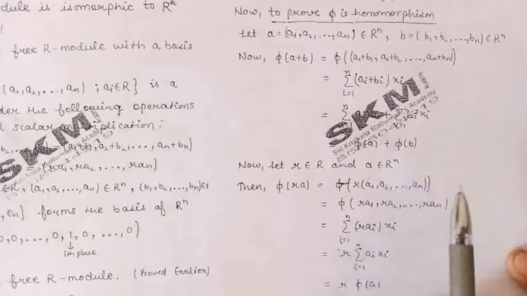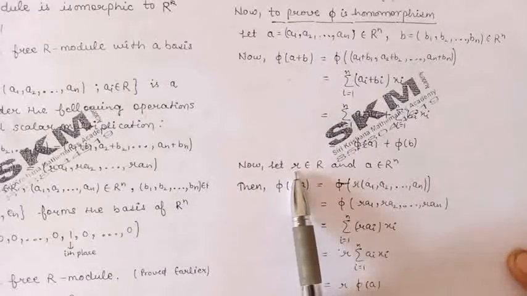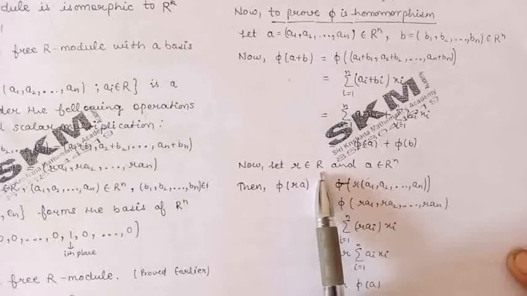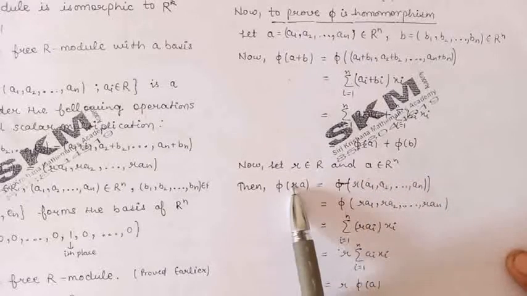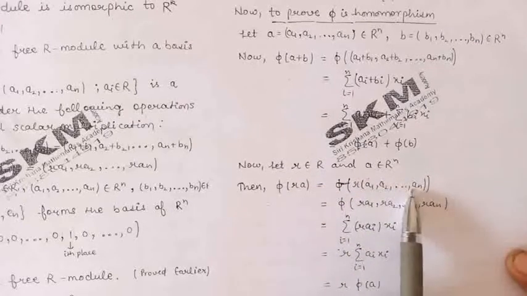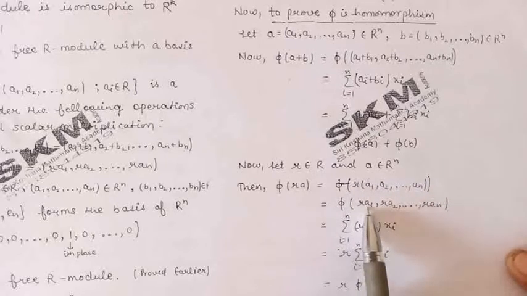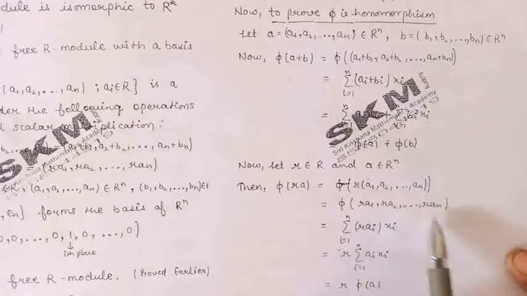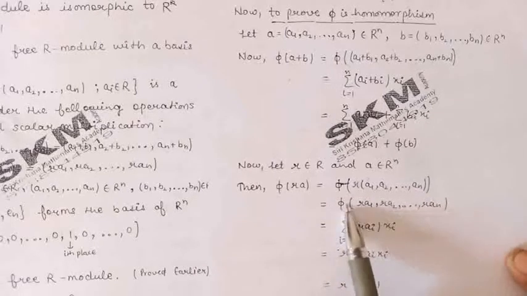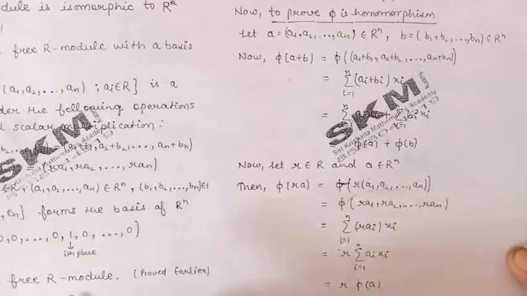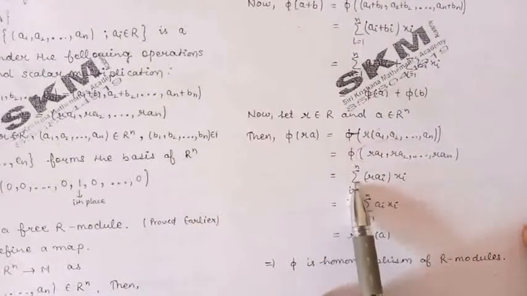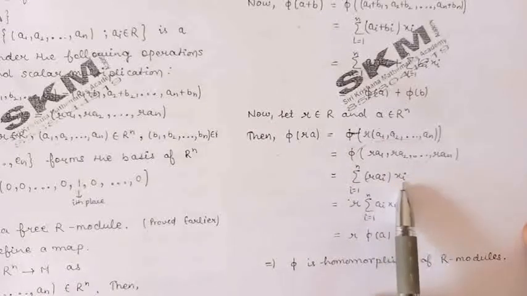Now to prove the second condition, let us take an element r belonging to the ring R and a belonging to R^n. Let us find the image of ra under the mapping phi. By definition, r times this vector becomes ra1, ra2, ra3 up to ran. Now the image of this n-tuple under phi, by definition of phi, is given by summation r a_i x_i.